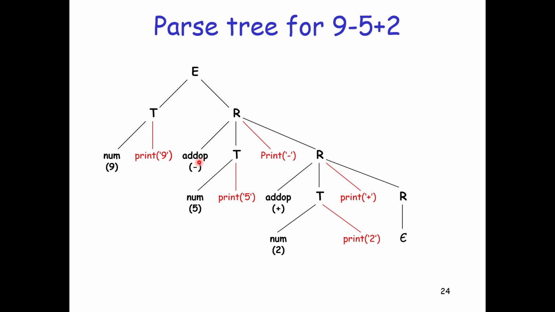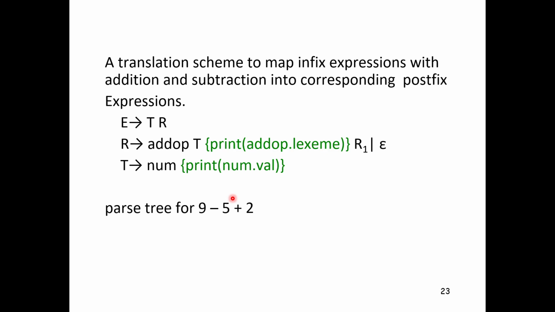This lexeme is supplied by the lexical analyzer. Then you move to this child, capital T. T's leftmost child is 5. Again the lexical analyzer supplies this 5 value, and it is copied to the next branch, that is print 5. That rule gets evaluated.